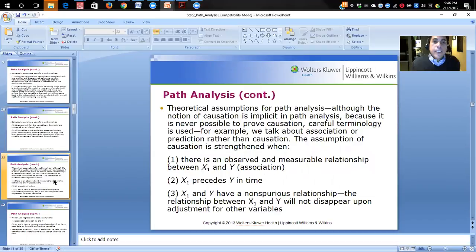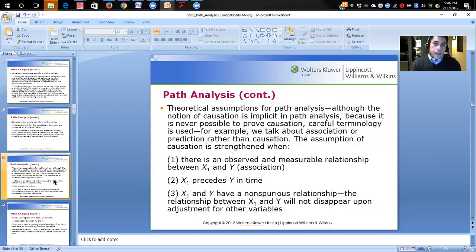All right, so this is path analysis in mathematics. It's really elegant and just fascinating. The notion of causation is implicit in path analysis, but because it is never possible to prove causation, there is some terminology being used by the author of path analysis.